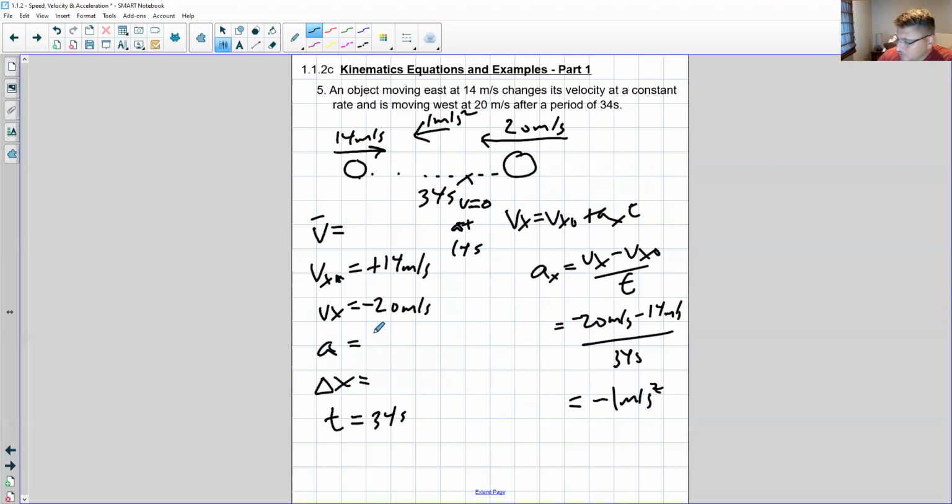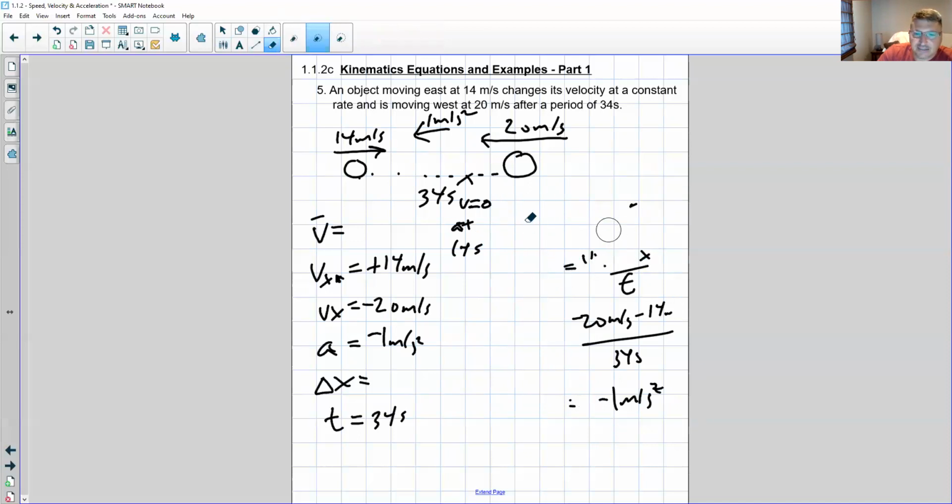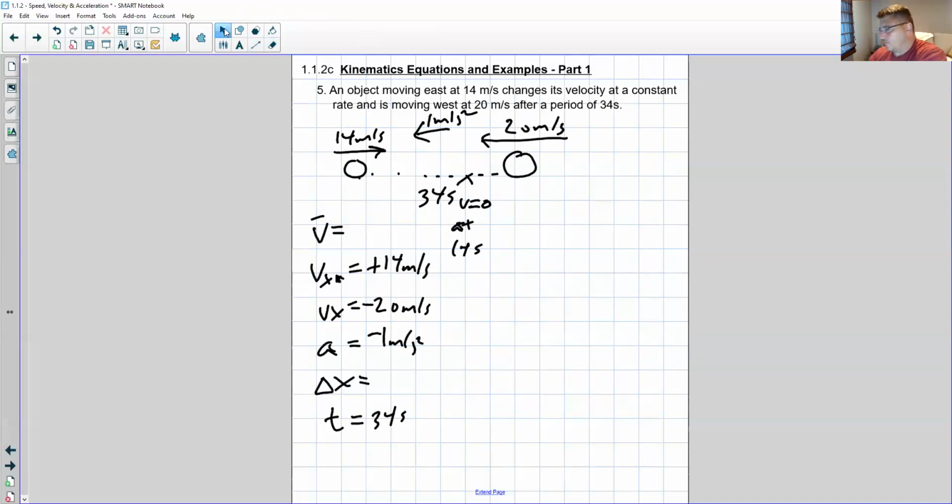Per second squared. And we can talk about what distance it covers in that time, right? So how far does it go in the first 14 seconds of travel?